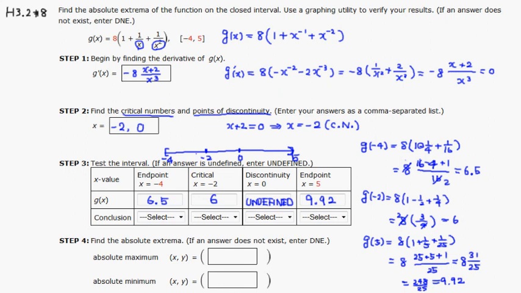We can try negative 3, so that's negative, negative, and negative, so it's going to be negative here. Between negative 2 and 0, I'll try negative 1. That's going to be positive, negative, negative, so it's going to be positive here. Between 0 and 5, we can try 1, so that's positive, positive, negative, so it's going to be negative there.